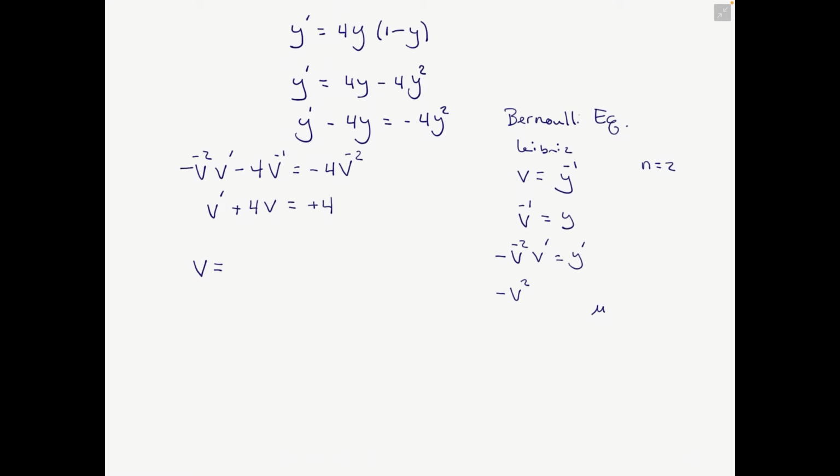Mu of x is equal to e to the integral of 4 dx, and that's equal to e to the 4x. So this is equal to e to the minus 4x times the integral of 4 e to the 4x dx plus c e to the minus 4x.